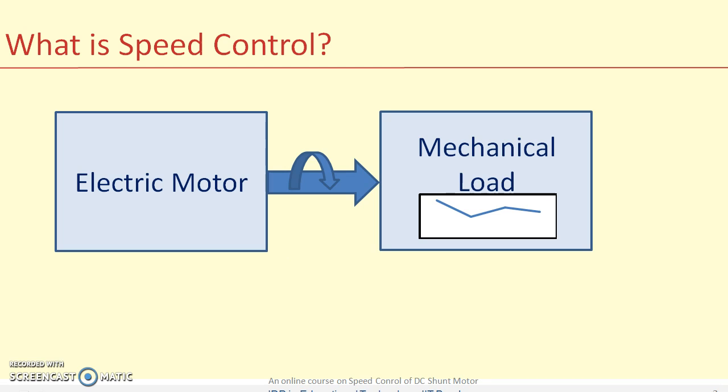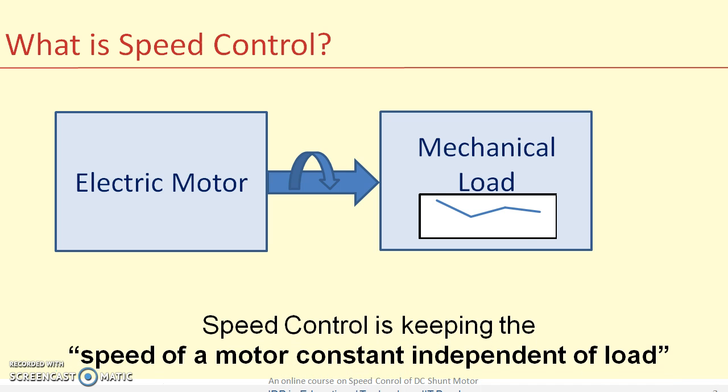Now, what is called speed control? When we increase the load, the speed of the motor decreases. Can we call this speed control of the motor? No, this is not speed control of a motor.